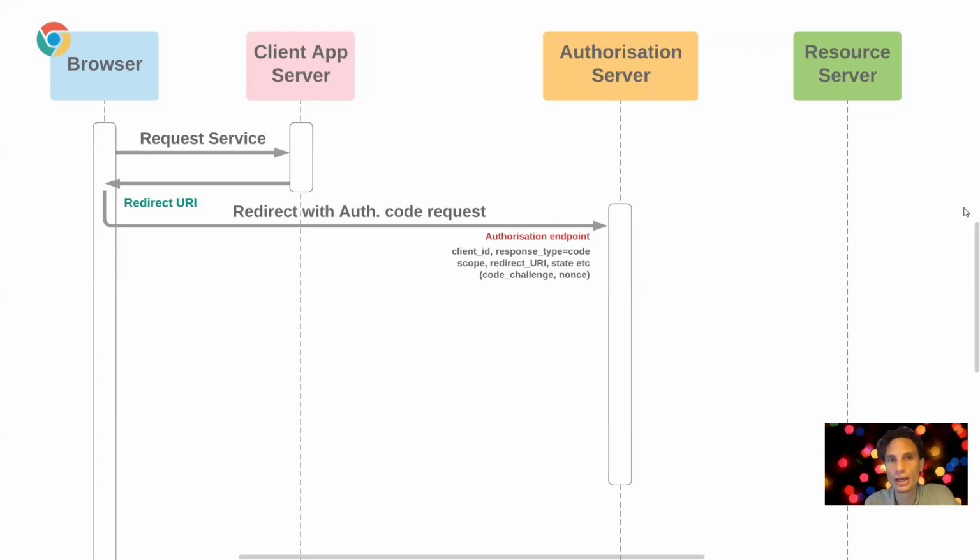The state and nonce allow the client app server to check from the responses it's getting from the authorization server that the cross-site request forgery hasn't taken place. And the code verifier allows the authorization server to check from its perspective that the client app server is the same one that made the original request.